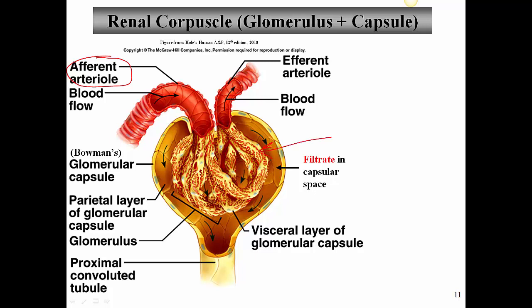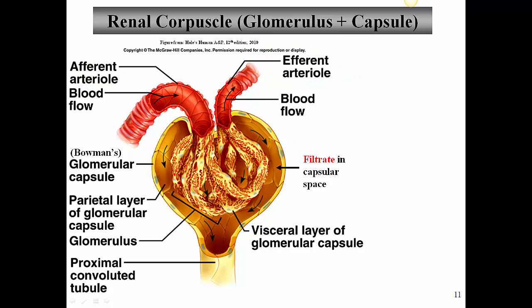And then from this tuft of capillaries, the blood comes out the efferent arteriole, and from what we just said a couple of seconds ago, remember this leads to the peritubular capillaries. And some of these go down and parallel these long loops that we have in the juxtamedullary nephron, and we call those vasa recta.